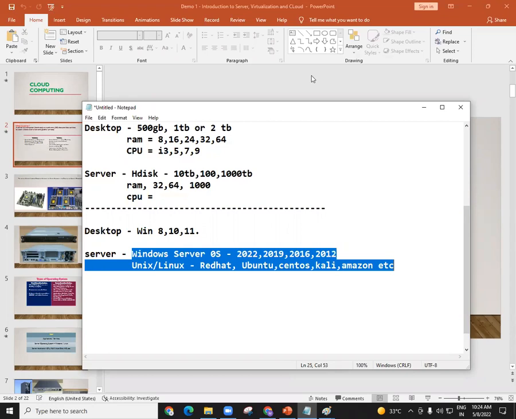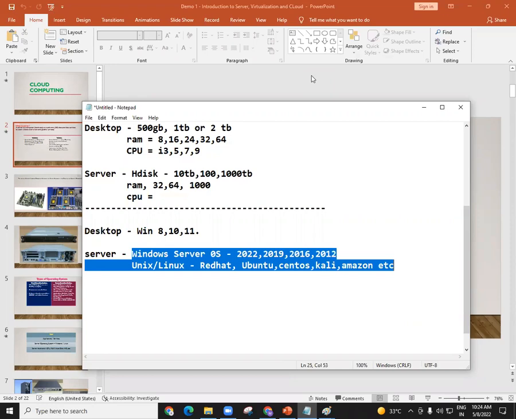The remaining can be Mac OS, HP OS, or IBM OS. There are some more operating systems available. But 90 to 95% of cases over the internet, or within a company, it will be Windows or Linux. If you know Windows administration or Linux administration, there is an added advantage for you.